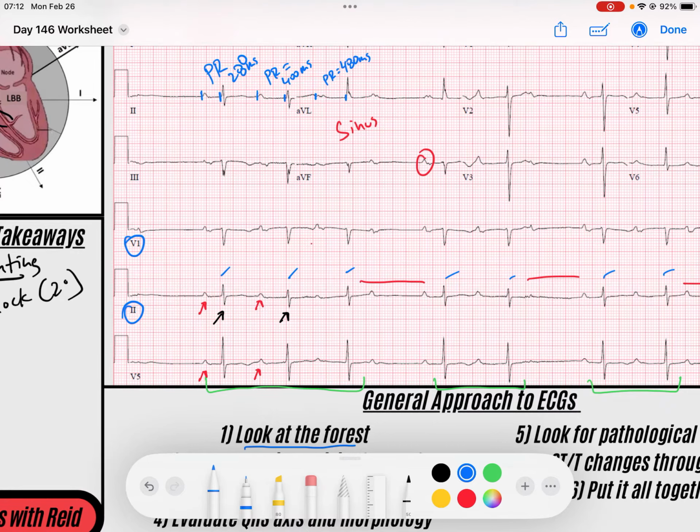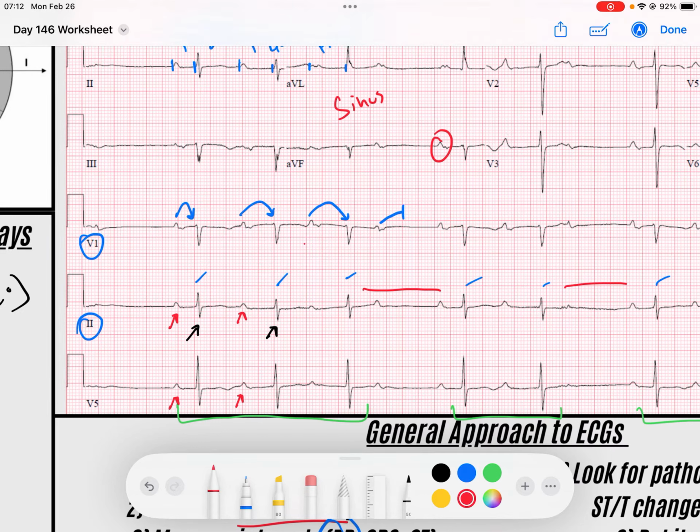Let's go to V1 to better understand this. We've got a PR interval that's getting longer and longer until this one doesn't conduct to anything. How do I know that's a P wave? Well, you just look at the pattern. When do I expect my next P wave to arrive? Right then.